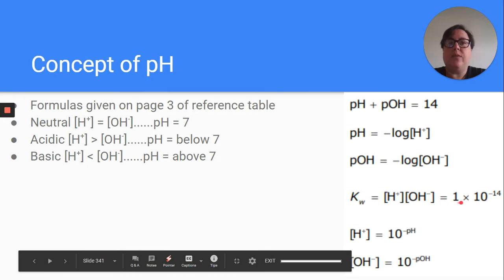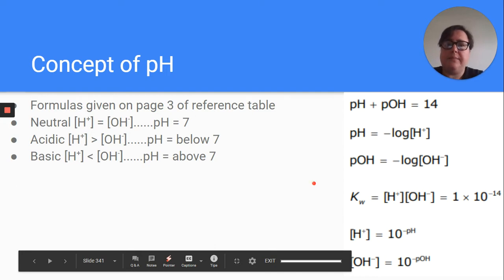So we're always going to have 1 times 10 to something, and then the exponents of our concentration should always add to be negative 14. And then to find the concentration, if we know the pH, we would do inverse log or second log on the calculator, and you would get 10, and then you would raise it to the negative pH. Notice that we have that negative back there because, again, the concentrations are very, very small numbers.